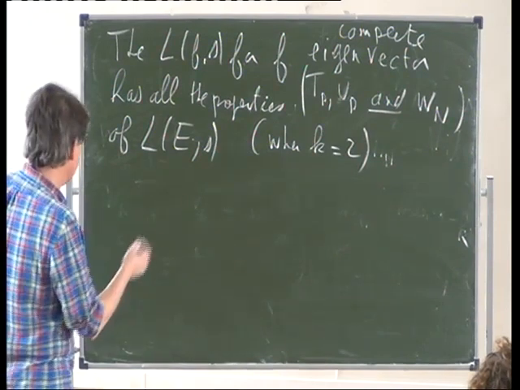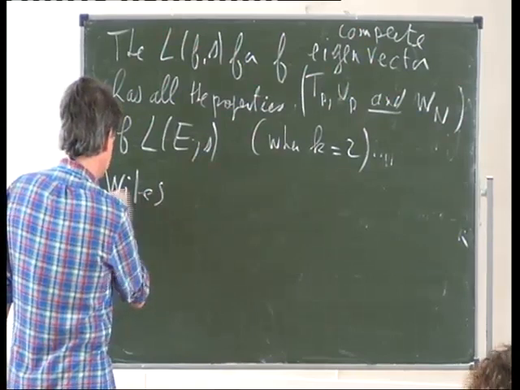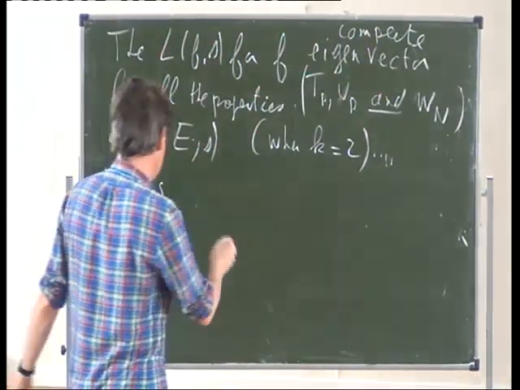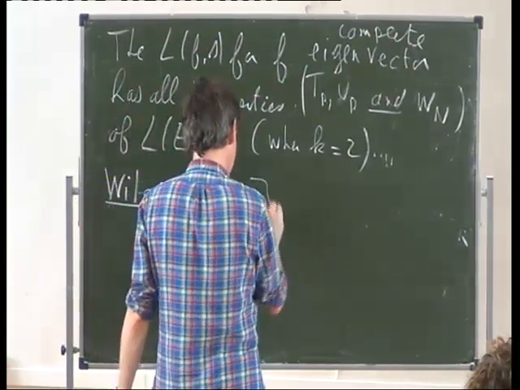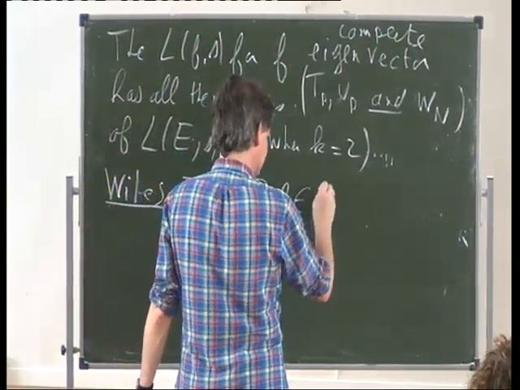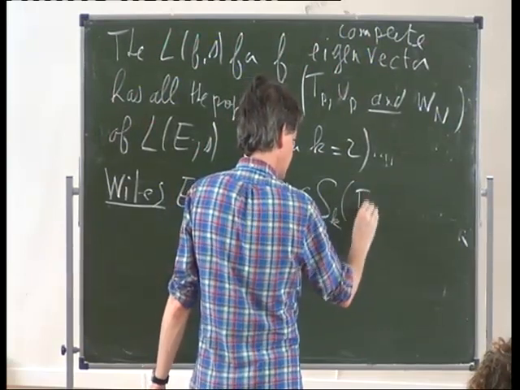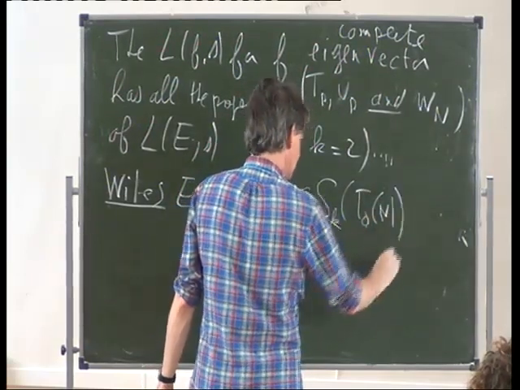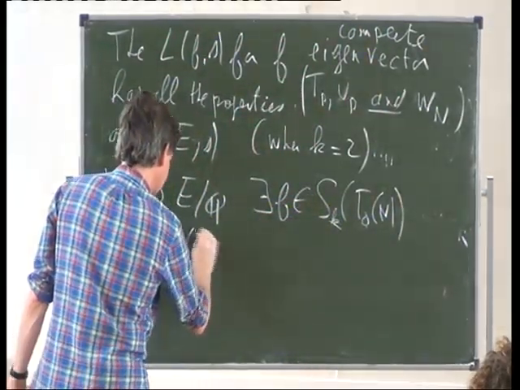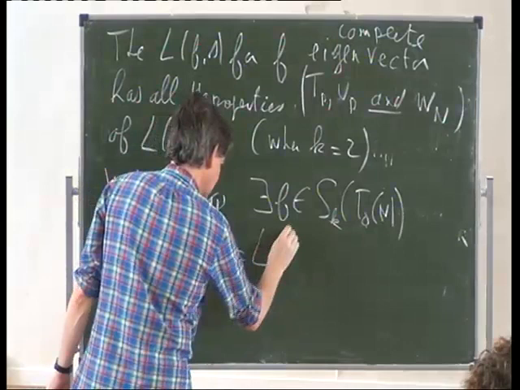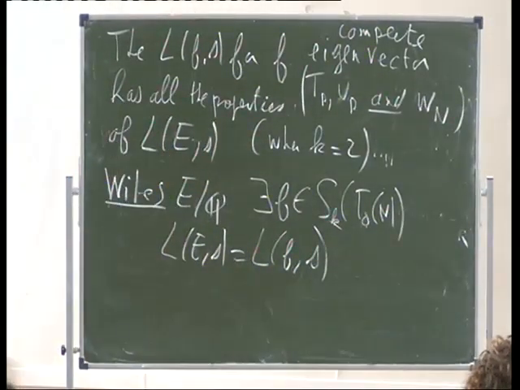And the theorem of Wiles is that if E is an elliptic curve, there exists an f such that the L function is equal to the L function of E.